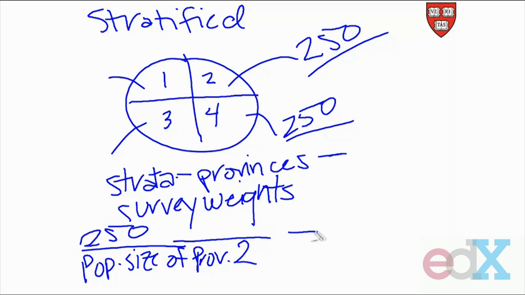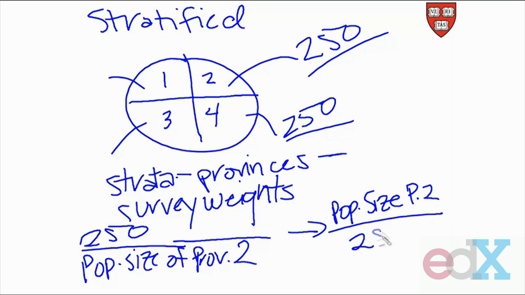For province 2, it's just going to be 250 divided by the population size of province 2. To come up with our survey weight, we would just invert this fraction, and in that case, our survey weights for people in province 2 would be the population size in province 2 divided by 250, which is the number of people that we're sampling in province 2. Additionally, we can come up with a finite population correction, which in this example is just going to be identical to this fraction right here.